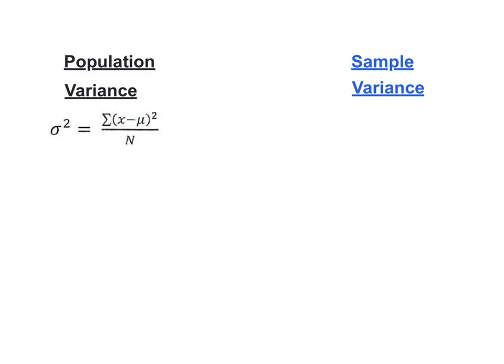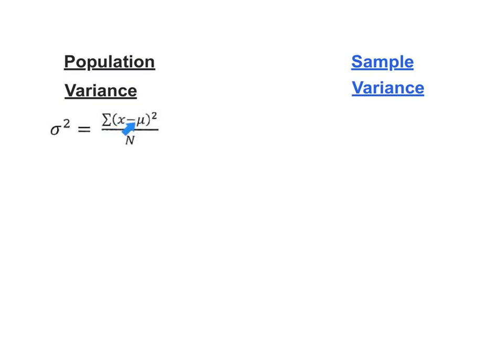Essentially what someone had to do in the past is take each data value in the list, subtract the mean from it, square it, and then add all those up first, and then divide by the number of numbers. That's what you used to have to do, and your calculator is going to do all this for you, but I just want you to have a little appreciation for how much work was involved.